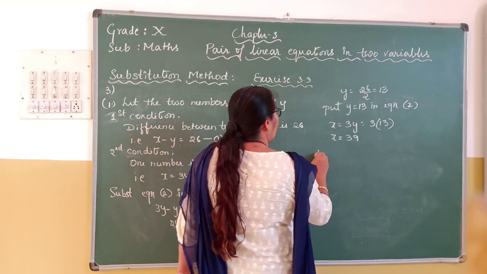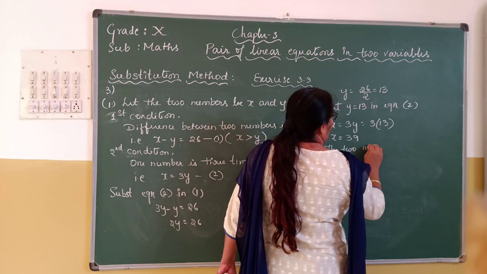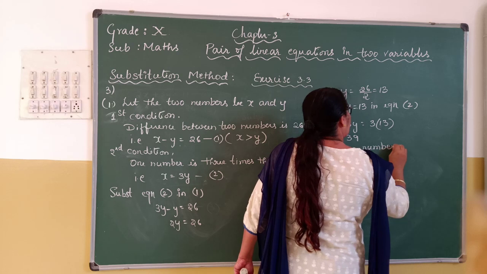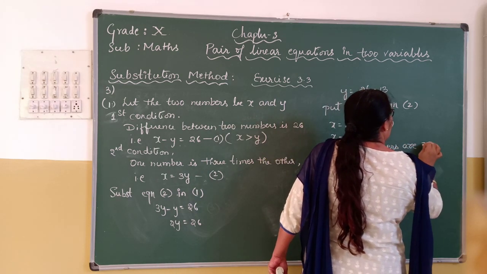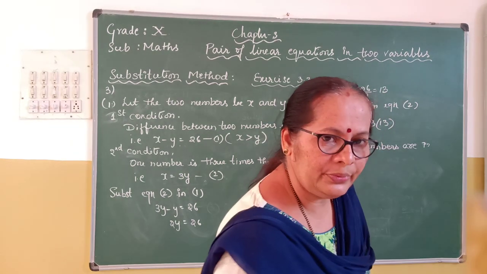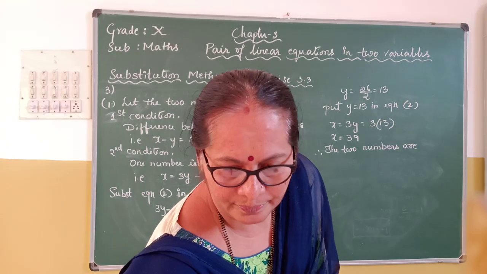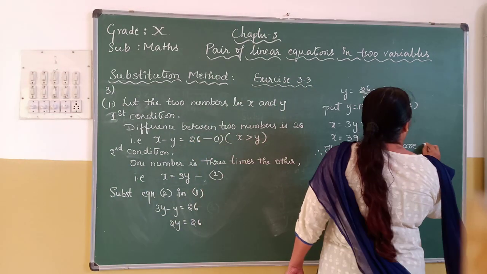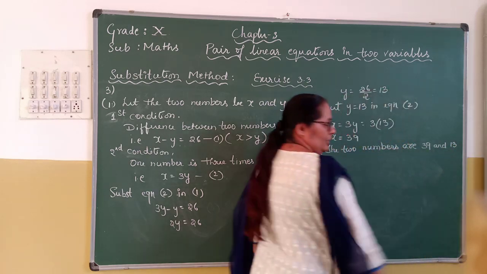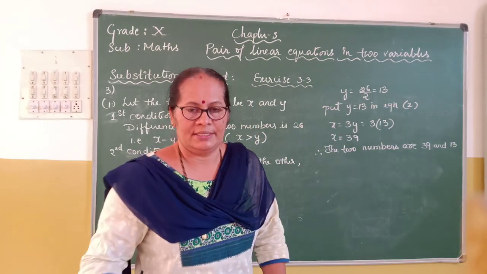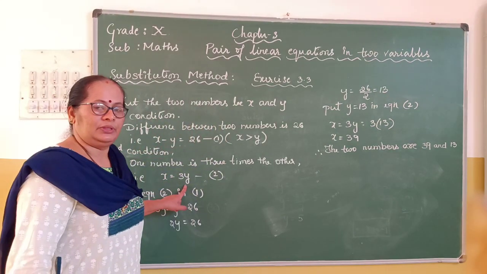Therefore the two numbers are 39 and 13. You can cross check your answers. See here. x equals 3y.